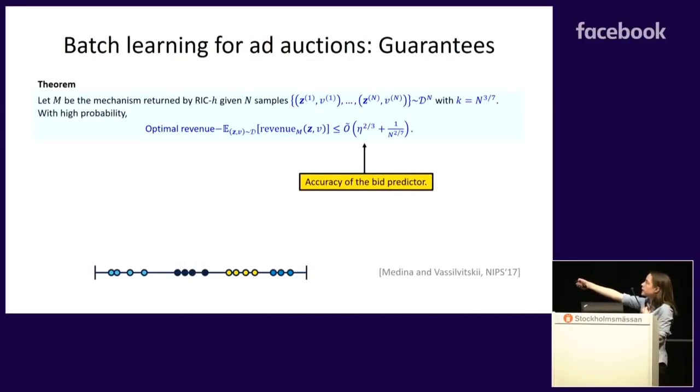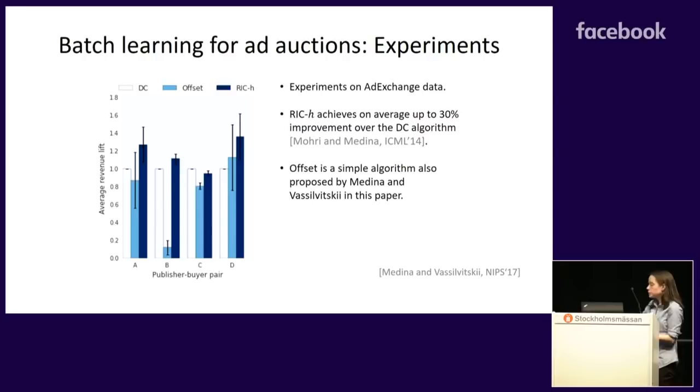But basically, they relate the revenue loss due to their learning procedure to how good their bid prediction function is. And they give some experiments on ad exchange data. And so they have 3 algorithms here.